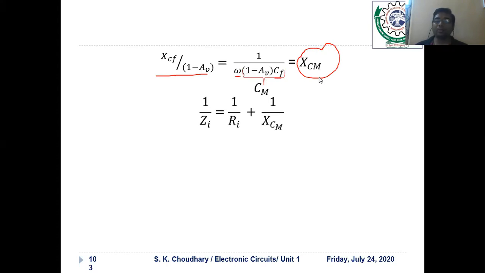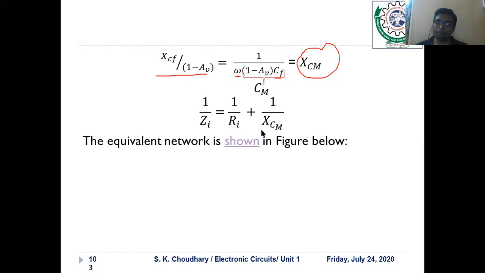Now that equation can be rewritten as 1 upon Zi is equal to 1 upon Ri plus 1 upon XCM. So what should be the equivalent network as per this equation?